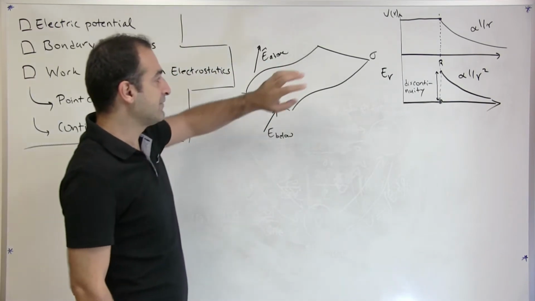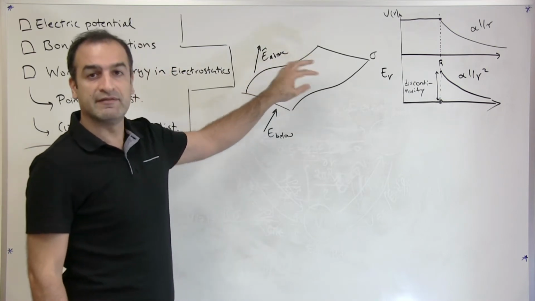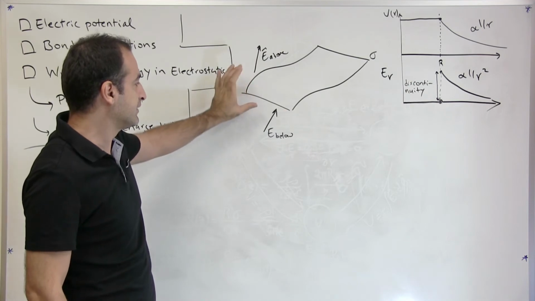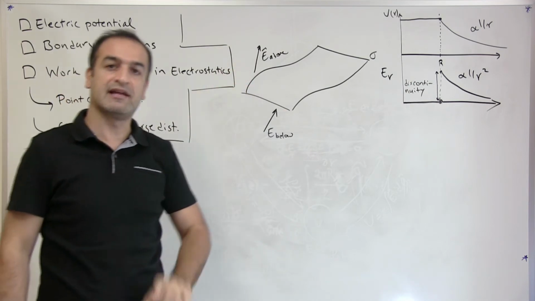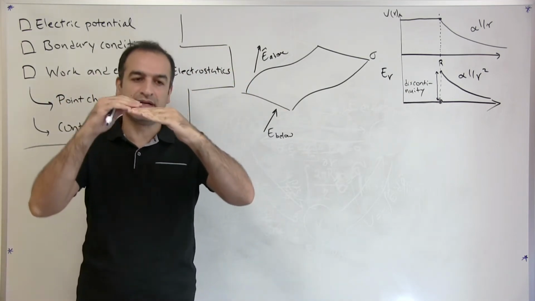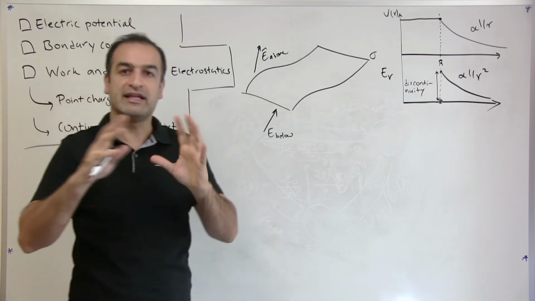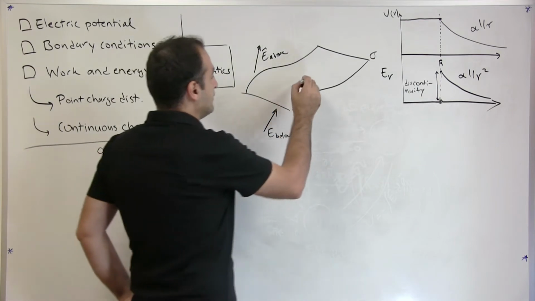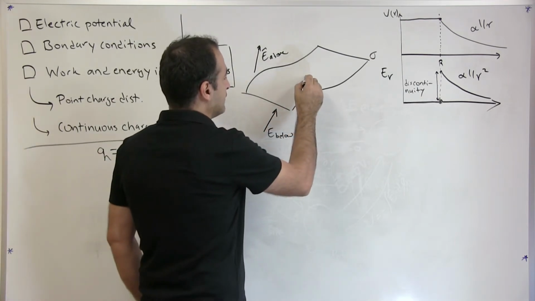But because we have this surface here, there will be very specific sort of relationship between the electric field below and above the surface. And by that, I mean right below and right above the surface, not at a distance from the surface, okay?